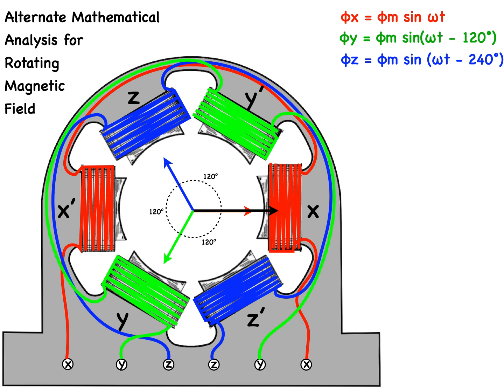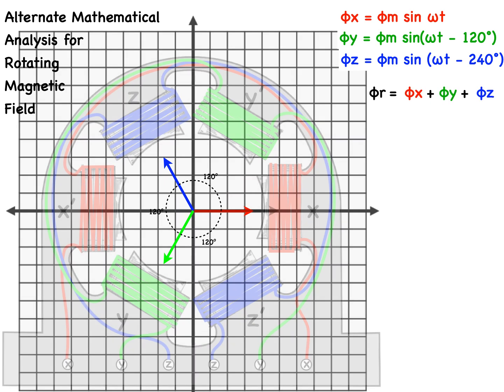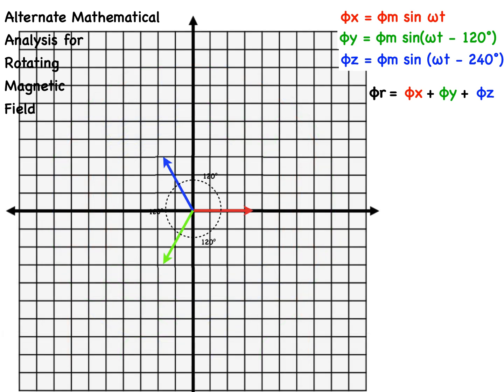The resultant flux at any instant will be the vector sum of all three at that instant given by x, y, and z flux vectors. To find the magnitude of the resultant flux, I will resolve each flux x, y, and z into horizontal and vertical components, then find the vector sum of those two components.